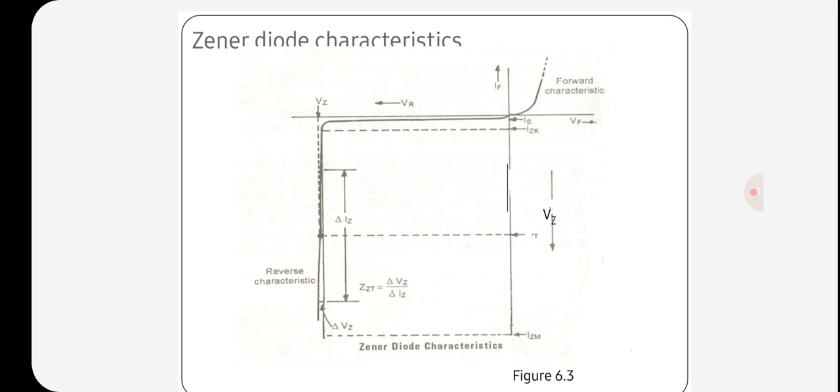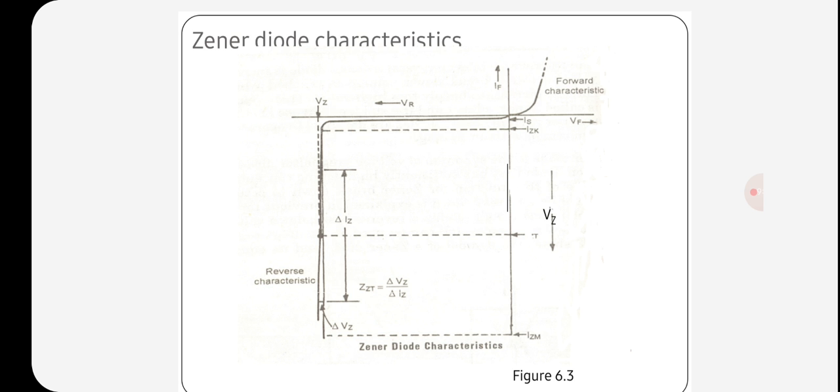So, when reverse biased voltage applied to the Zener diode reaches Zener voltage, it starts allowing a large amount of electric current. At this point, a small increase in reverse voltage will rapidly increase the electric current.